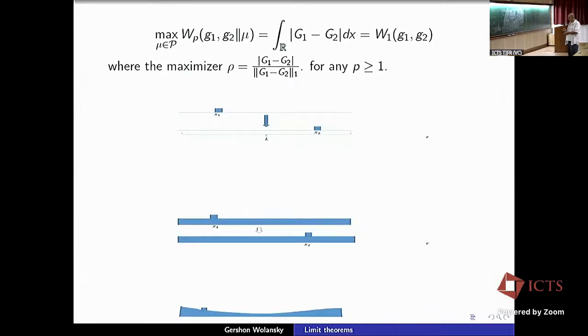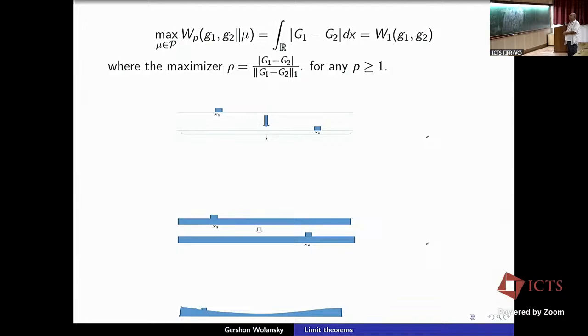We can push the first particle a distance epsilon. So suppose this is a uniform distribution. We push it a distance epsilon, we pay epsilon to the power p, and then we push the next another distance epsilon.